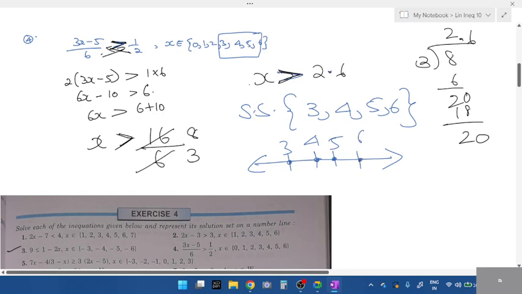Greater than 2.6. After 2.6, what do you have? 2.7, 2.8, 2.9, and 3, right? I didn't take 2 here. If I take 2, then that is wrong. You can start from 3. This is the answer, students: 3, 4, 5, 6. Number line. Completed.